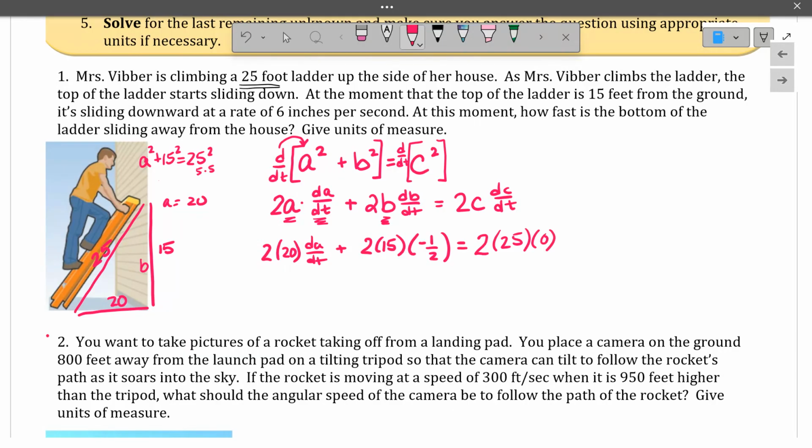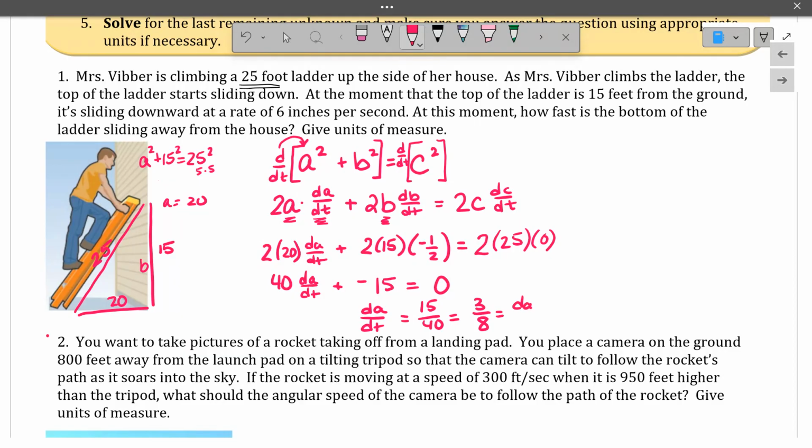It's not changing. So 40 dA/dt plus negative 15 equals 0. And so if I add 15 and then divide by 40, dA/dt is 15/40, better known as 3/8.